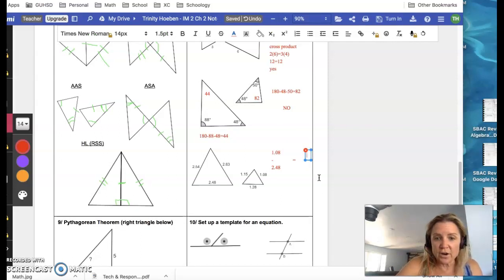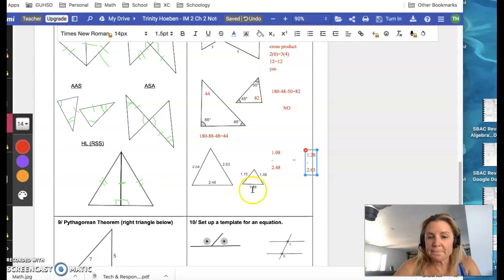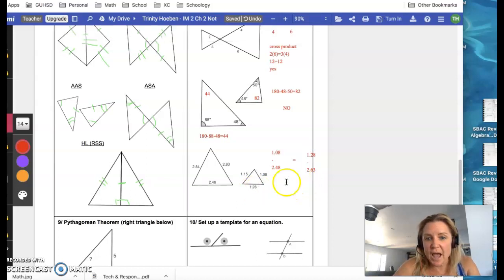So in the numerator over here, I put the one on the right. So I have to put the longest side, and that would be this one, 1.28. I'm going to make it into a fraction, and the longest side over here is 2.63. Okay, so now I've got my proportion set up, and I'm going to see if it's true.